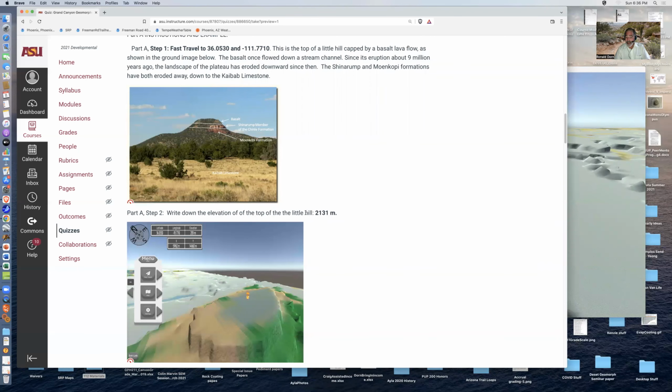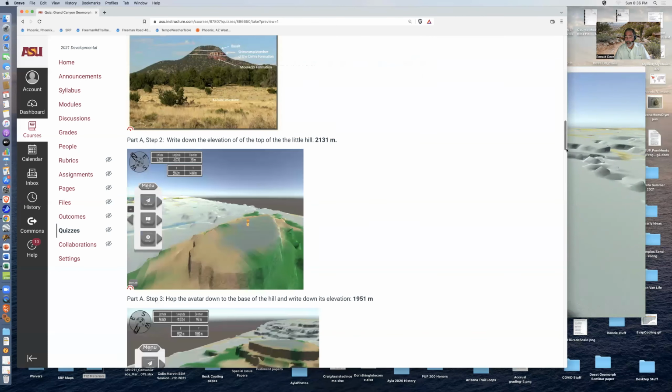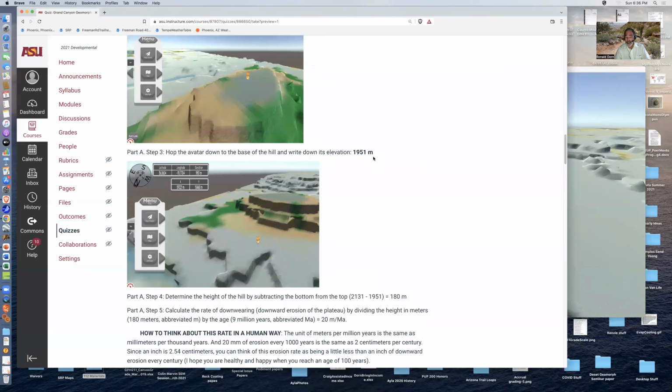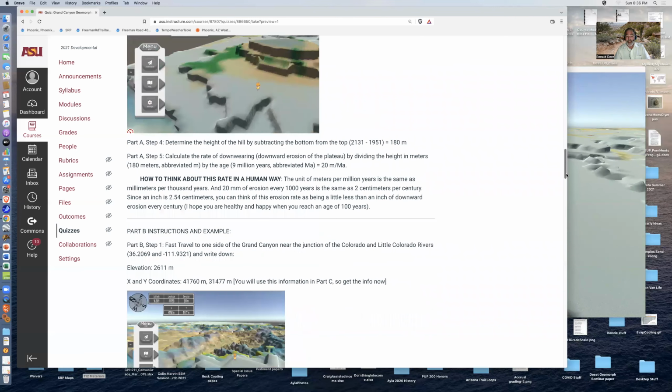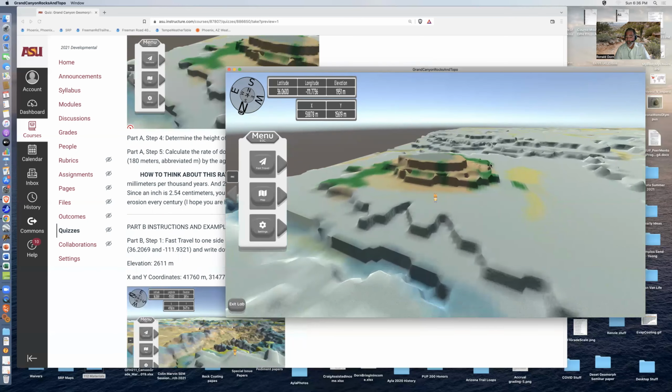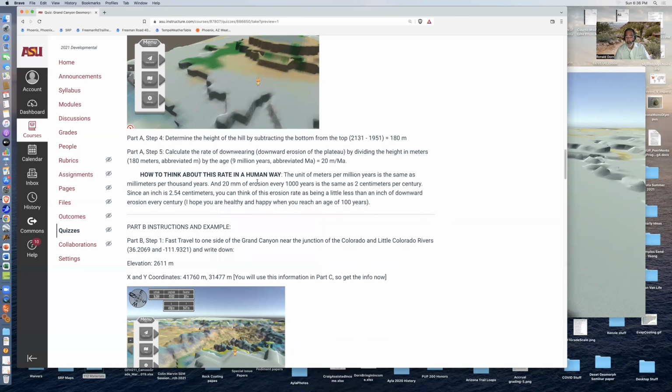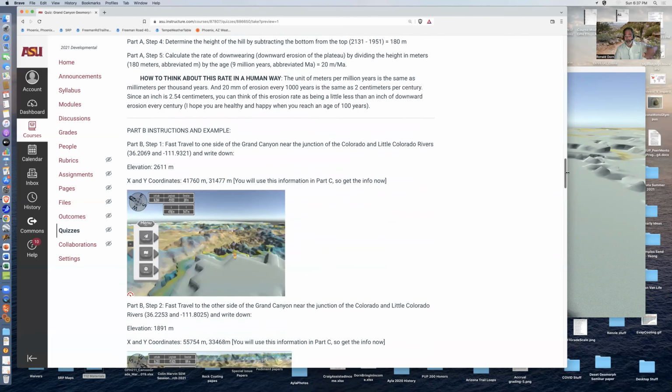So I write down the elevation 2131, and the base of the hill is 1951. I'm provided in the instructions that the age of this lava flow is 9 million years. I subtract the two, it's 180 meters. Divided by 9 million years is 20 meters per million years. So now I have the rate of lowering.